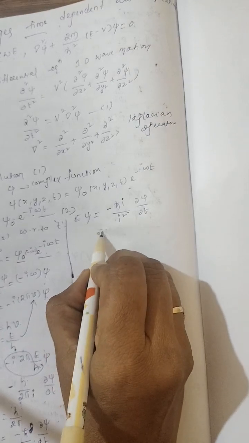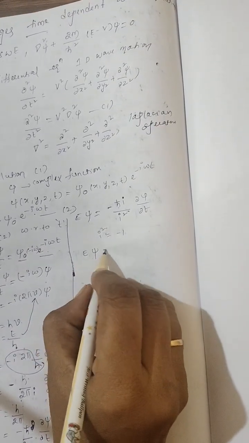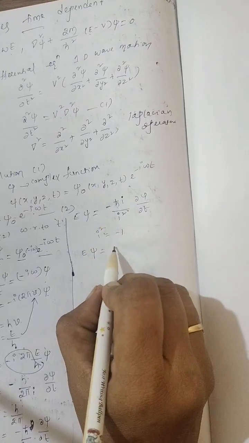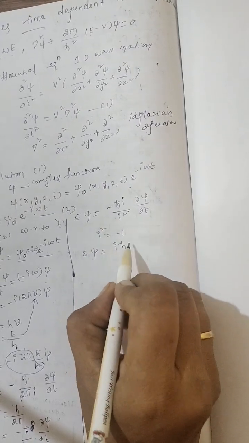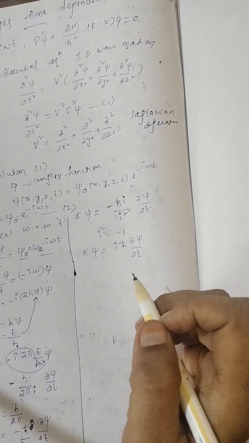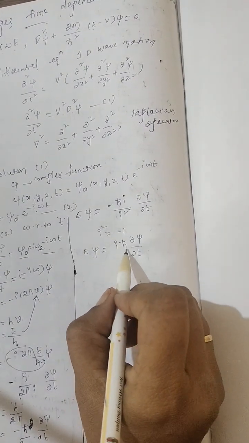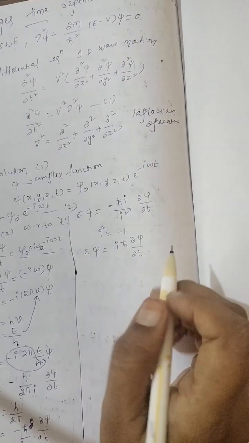What is the value of I square? Minus 1. Now substitute minus minus plus. So I h cut dou psi by dou t. Right? So E psi is equal to I h cut dou psi by dou t.